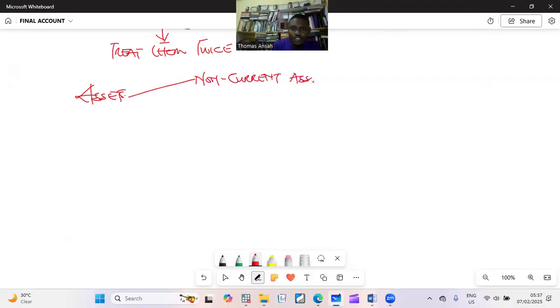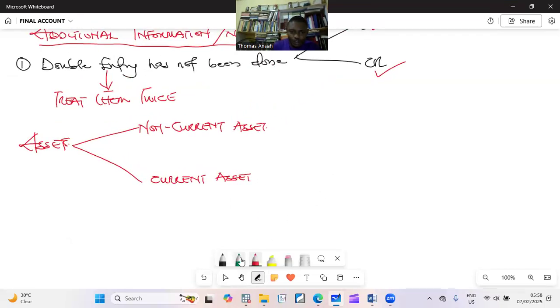The non-current assets. And we have what? The current asset. You remember, right? Good. Now, the non-current asset, I also explained to you that we have tangible non-current assets, right? Tangible NCA and what?